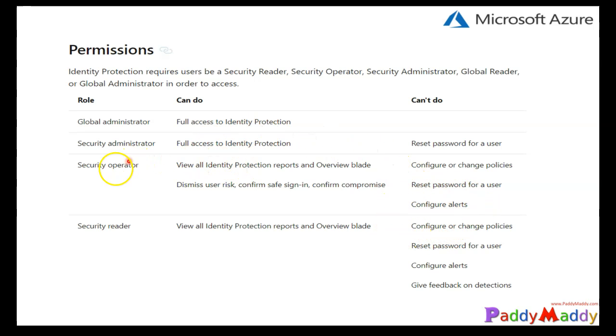All that can be done if you have the permissions of security operator. And the security reader can view all the identity protection reports and the complete overview blade, and he can configure and change policies. He can do almost all the things available with the security operator, and also give feedback on detections.